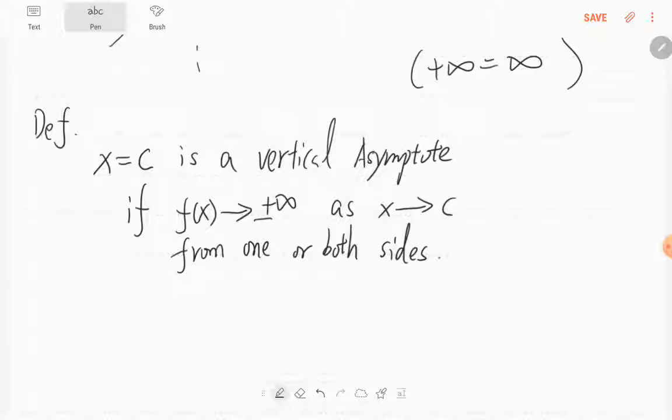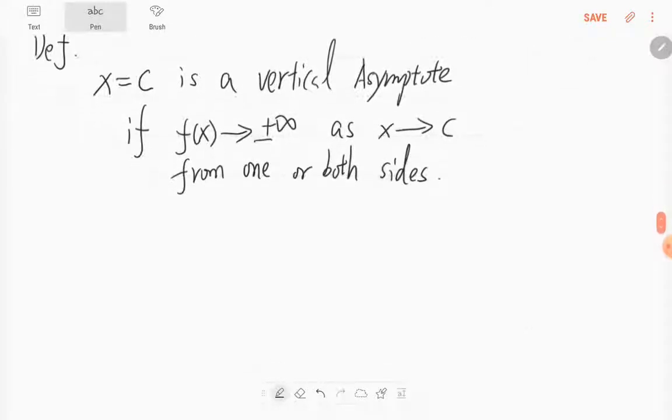So now let's look at some calculations about the infinity. Before that, let's recall something.